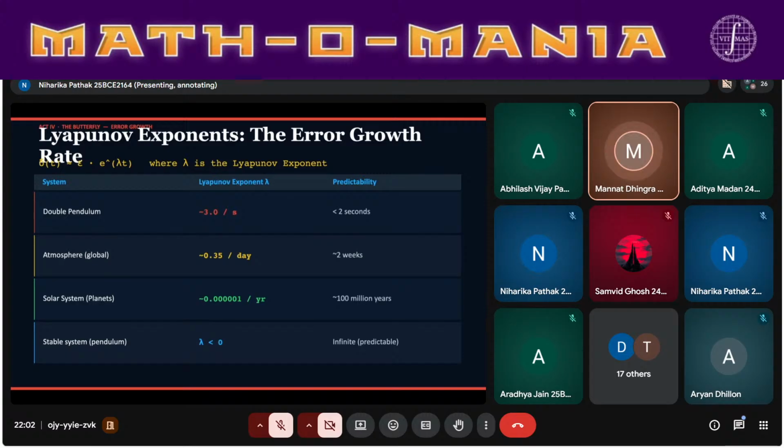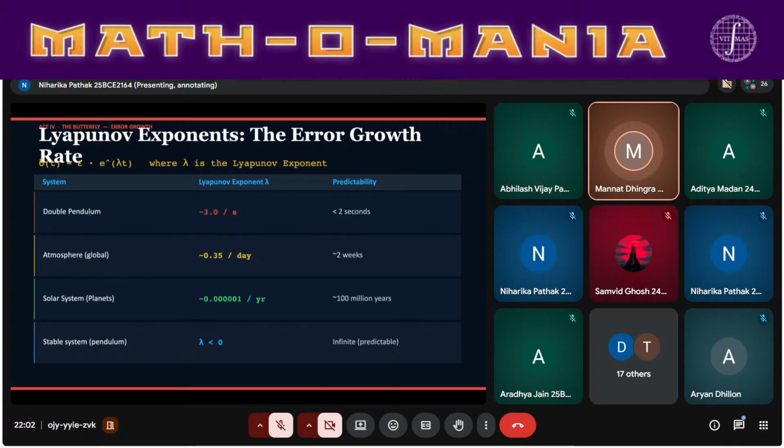As we know, the unit of lambda is second inverse or day inverse or year inverse. There's something called the predictability horizon. It's basically telling how predictable the error or the growth rate is. The predictability horizon for the double pendulum is less than 2 seconds.